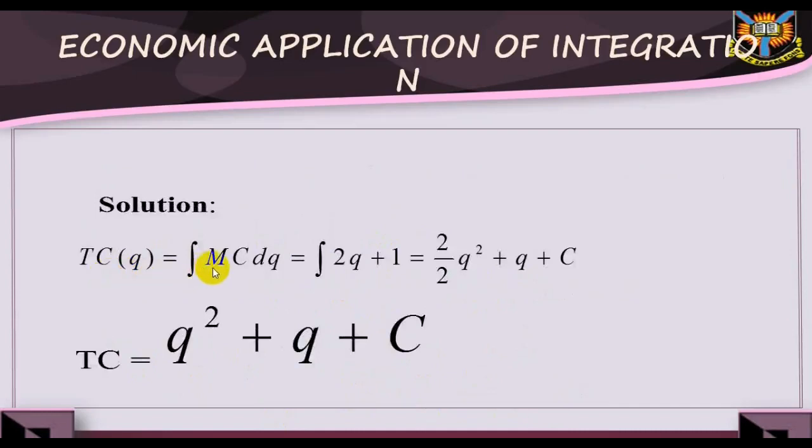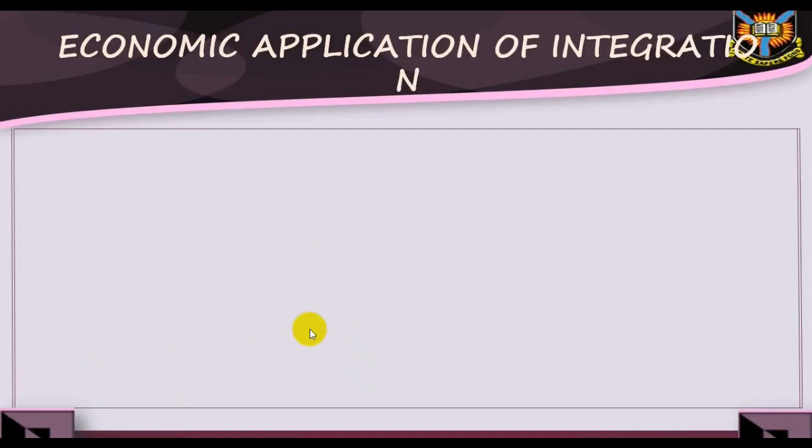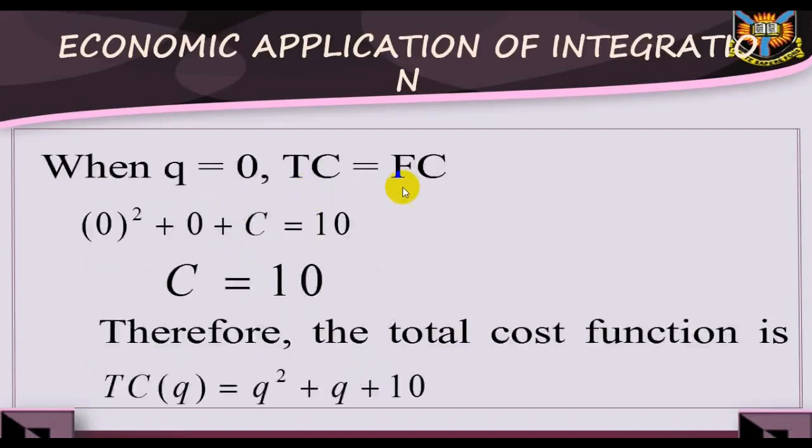TC of Q equals the integral of MC dQ, which equals the integral of 2Q plus 1, which equals 2Q squared divided by 2 plus Q plus C. TC equals Q squared plus Q plus C, where Q equals 0, TC equals FC. 0 squared plus 0 plus C equals 10. C equals 10. Therefore, the total cost function is TC of Q equals Q squared plus Q plus 10.